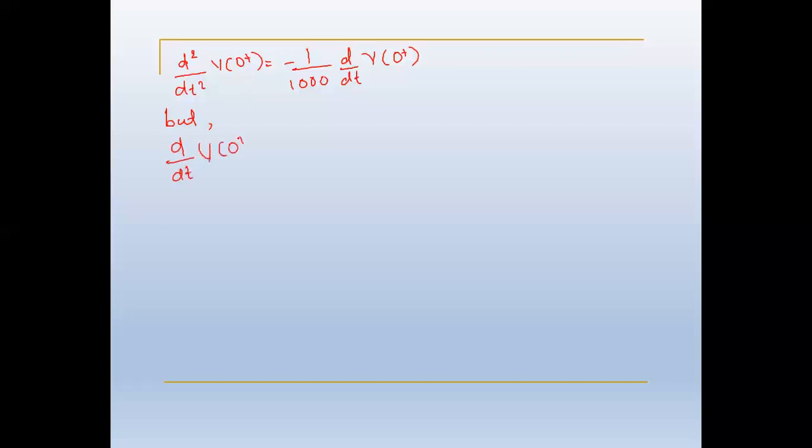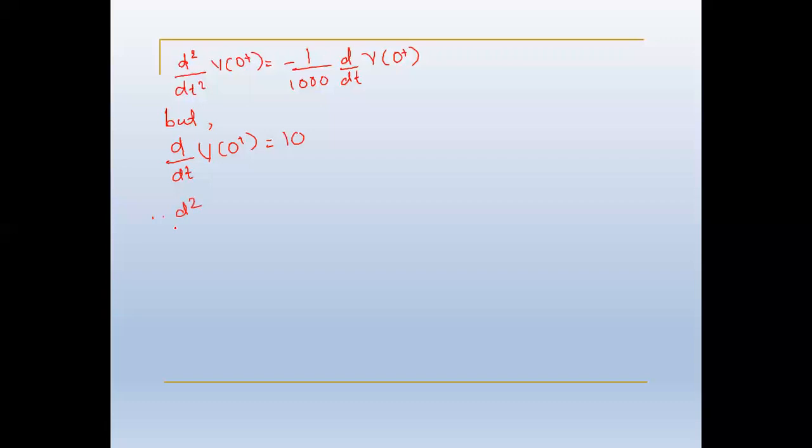So to define the value, that is d square by dt square V of 0 plus, which is equal to minus 1 by 1000 d by dt of V of 0 plus. But what is the thing? D by dt of V of 0 plus is equal to what? We have already defined this value, that is 10.